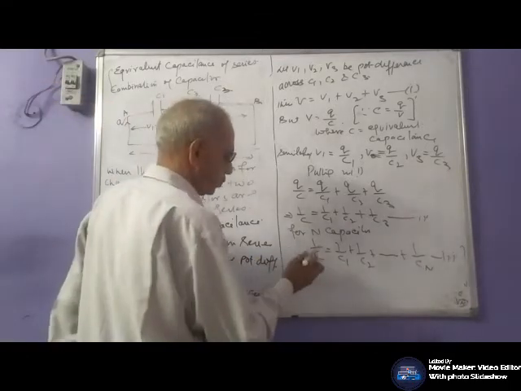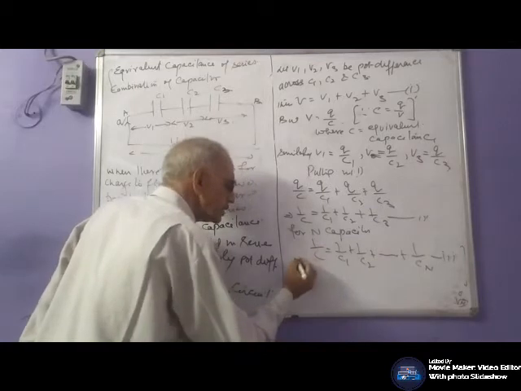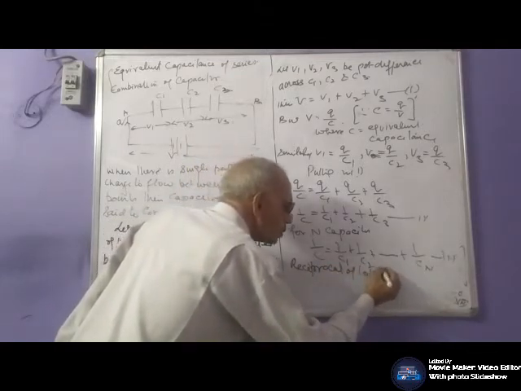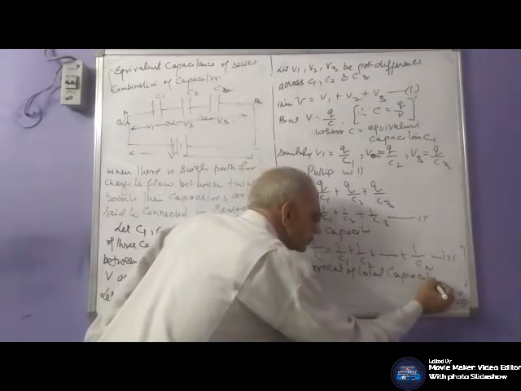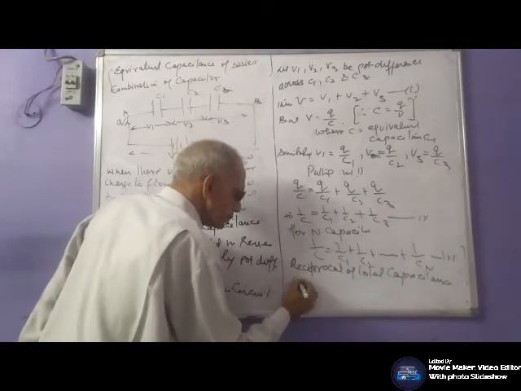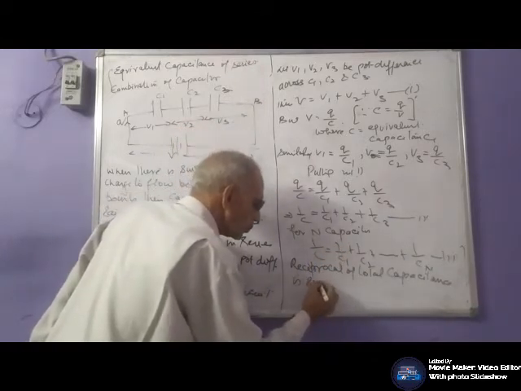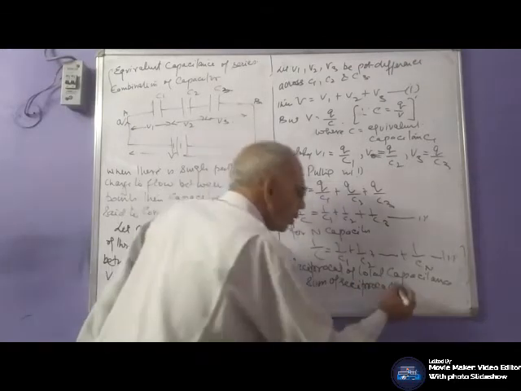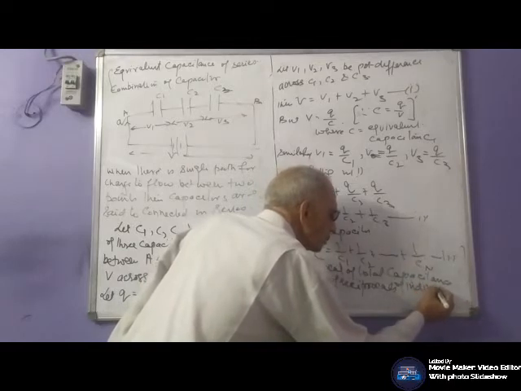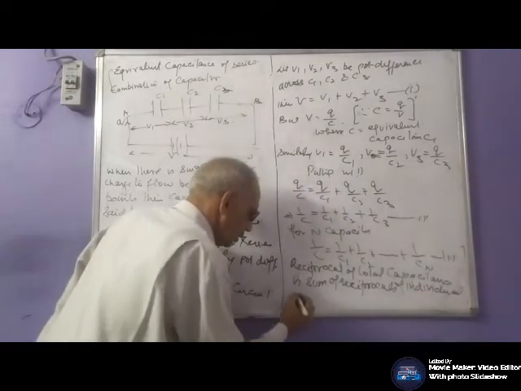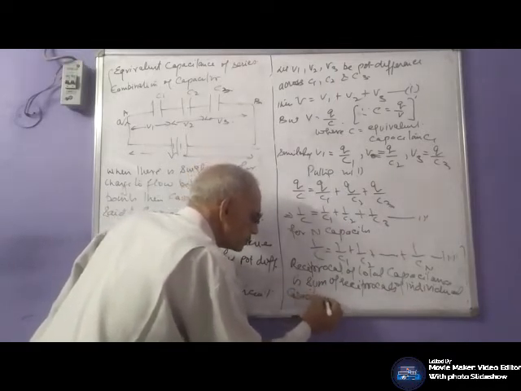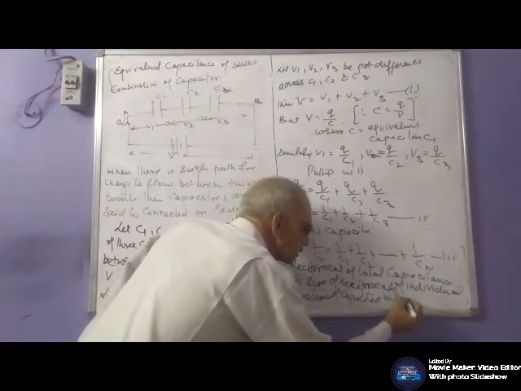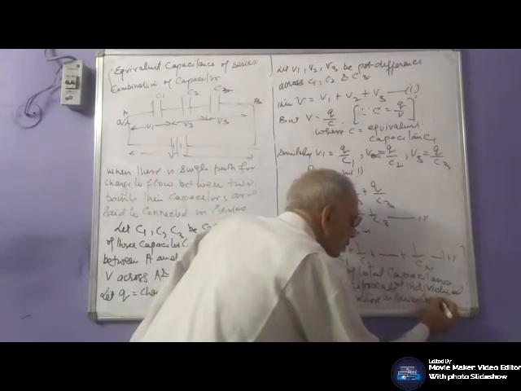Write in words. This one, 1 by C: the reciprocal of the total capacitance is the sum of the reciprocals of the individual capacitances of the capacitors in series combination.